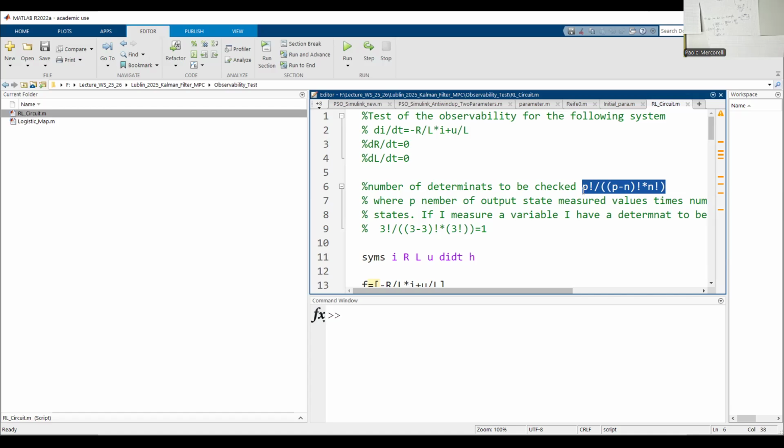Now, of course, if you have a long matrix, the theorem says it is enough to find one possible determinant, among all the possible combinations of determinants which I can find in this vertical long matrix, that is not zero, in order to say that the system is observable.